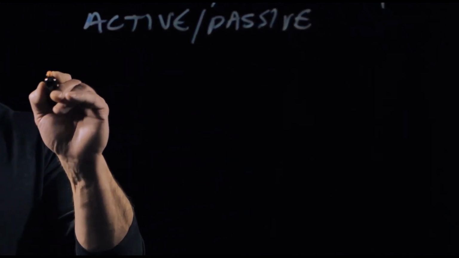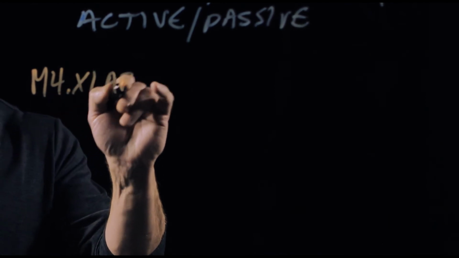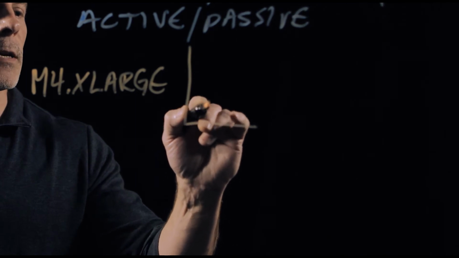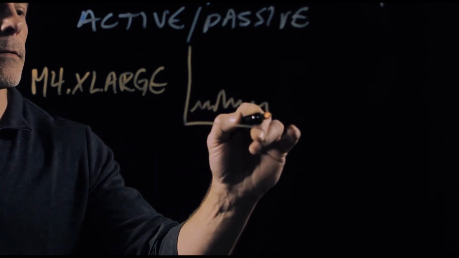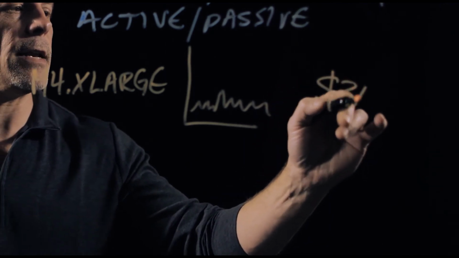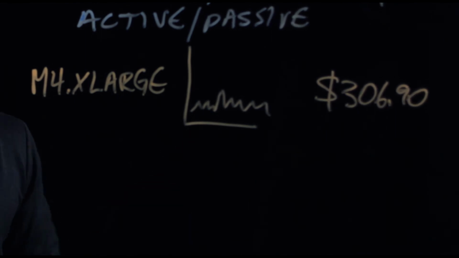An organization may be running a workload today in something like an M4 extra large. That workload curve might look something like this. And the overall cost of that instance on a monthly basis is, say, $306.